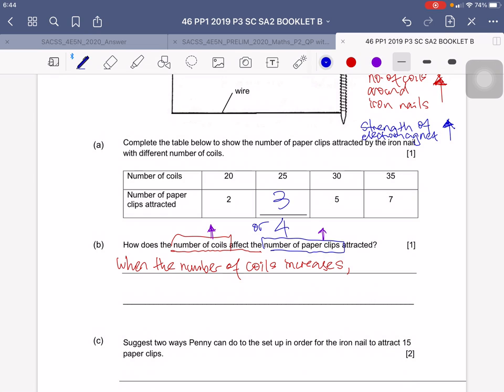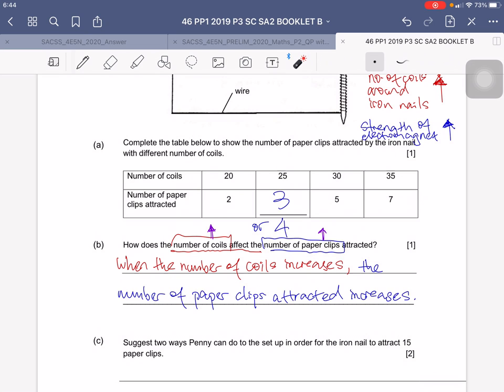So we can write down the number of paper clips attracted increases. Okay, so you just have to copy the words from the question itself, and you just have to write down when this one increases, what will happen to the other quantity here. Okay, will it increase or decrease?